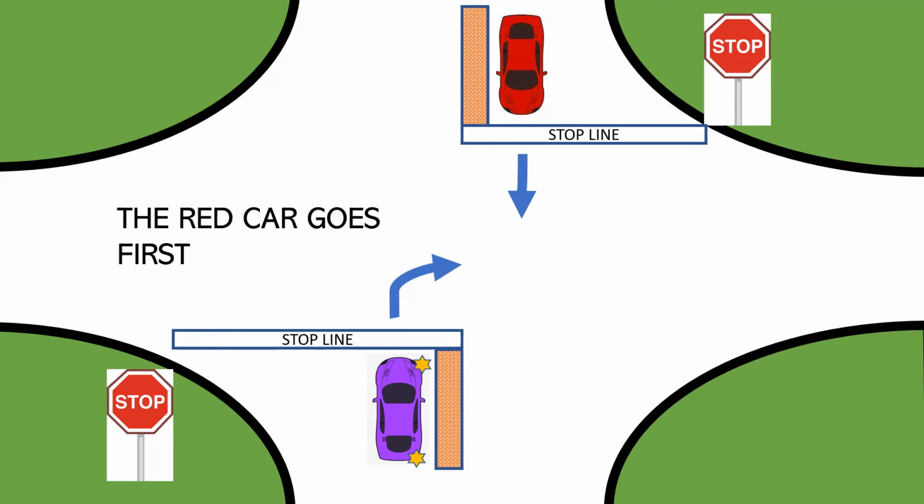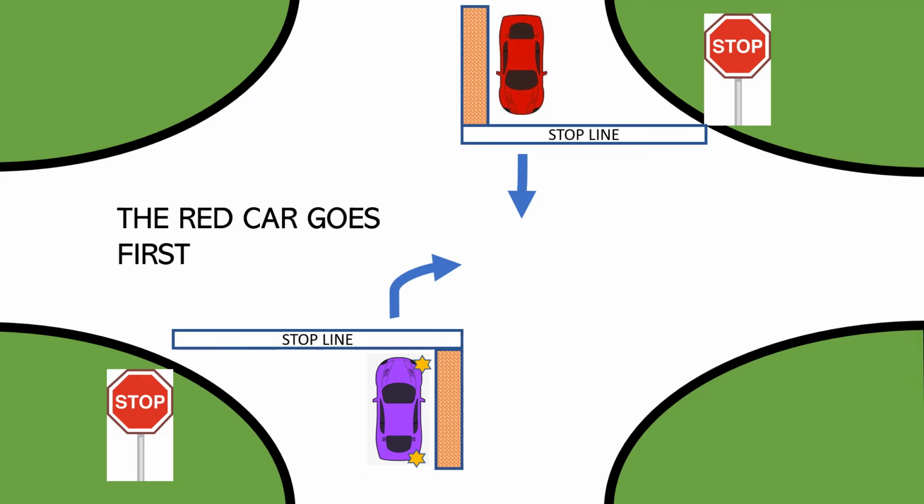Now this is another one that often causes people to fail their driving test. Again, if you're in the purple car, coming out of a car park or turning off a street, doing a right-hand turn, and you have a car opposite you that is going straight ahead, then it's the red car that goes first, because then they're going straight. The purple car is doing the right-hand turn, and you cannot do a right-hand turn across the path of an oncoming vehicle.